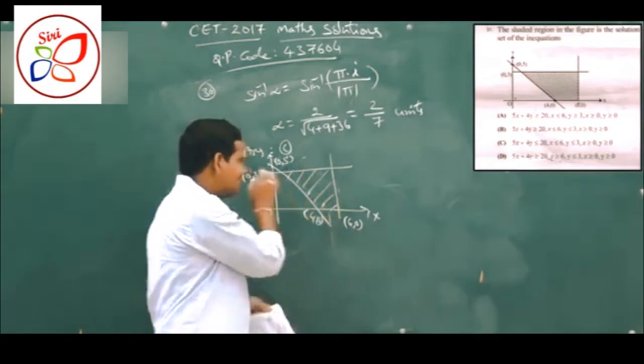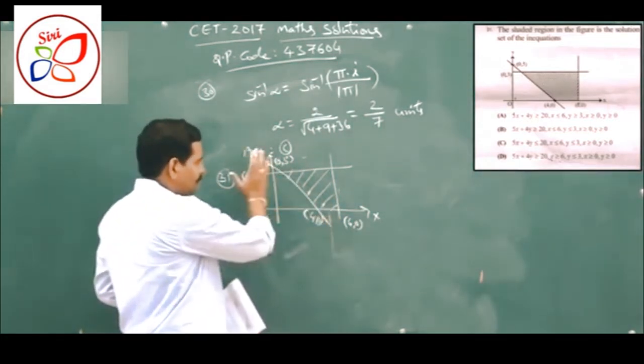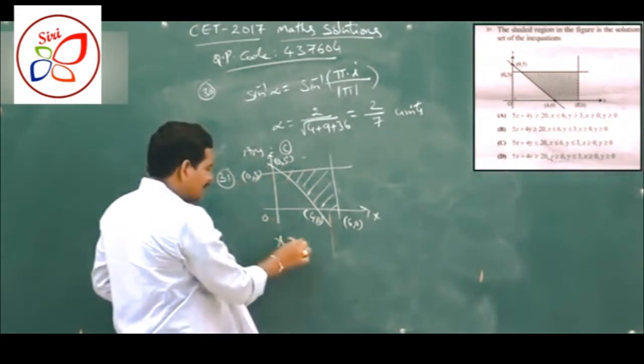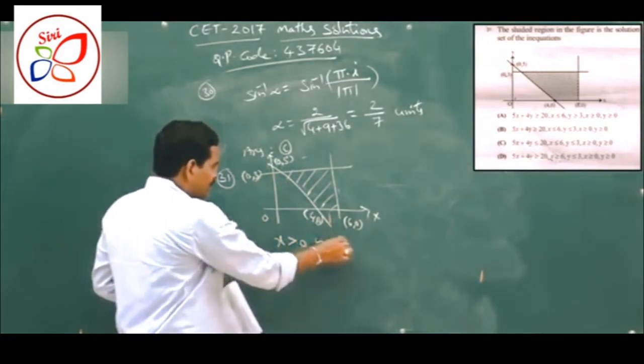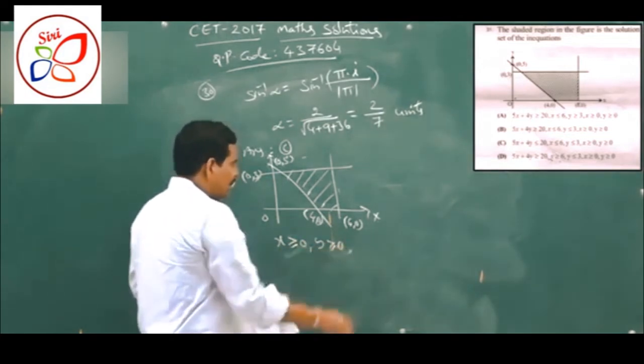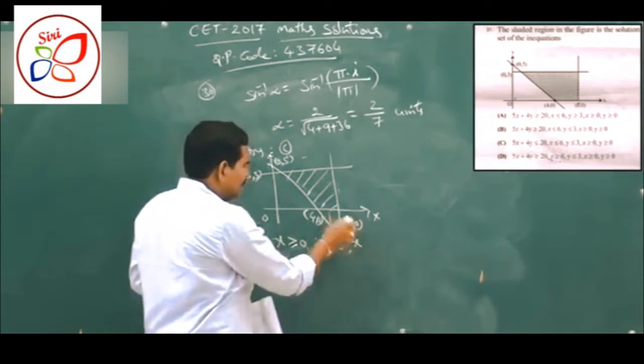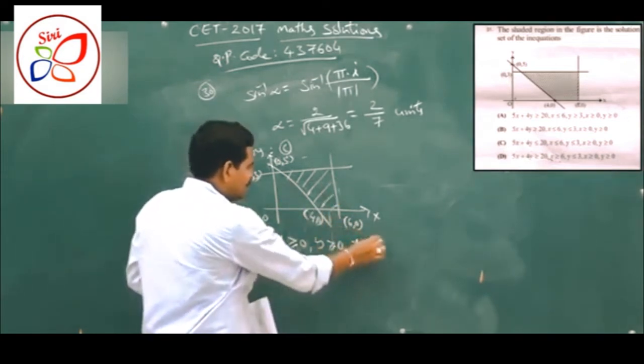How to represent this region? So basically this region is in the first quadrant. So x greater than or equal to 0, y greater than or equal to 0, and for this line, x value 6, it should be less than or equal to 6.